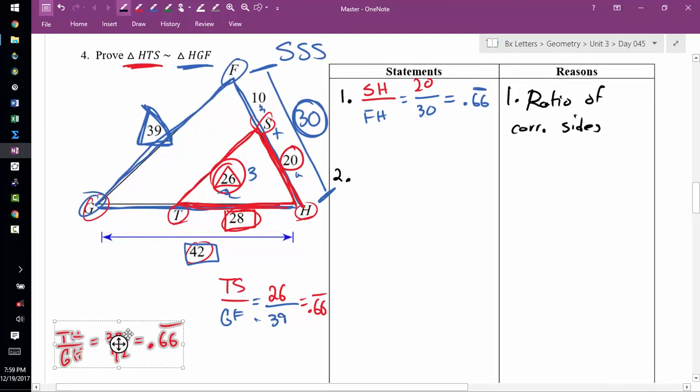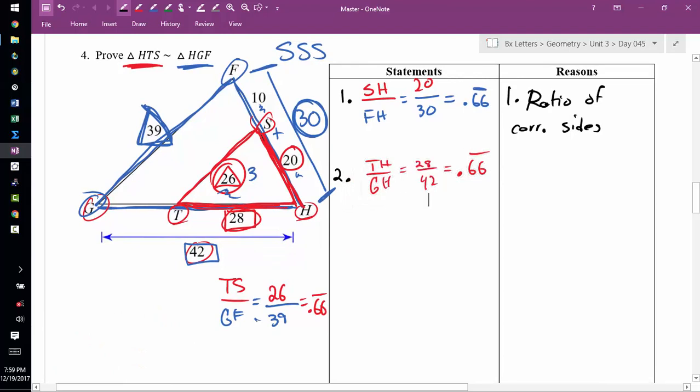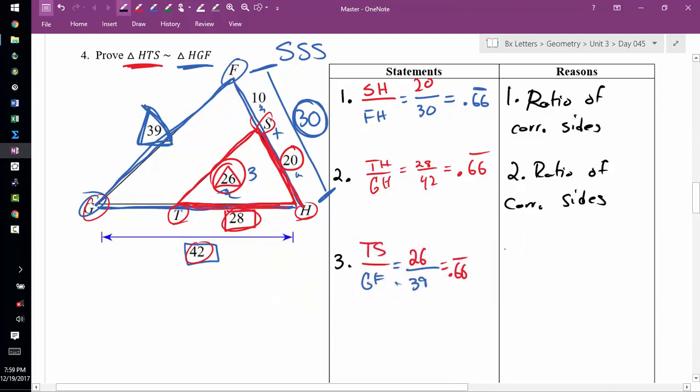Here's my next pair of corresponding sides. It's the ratio of corresponding sides. And the third, ratio of corresponding sides.